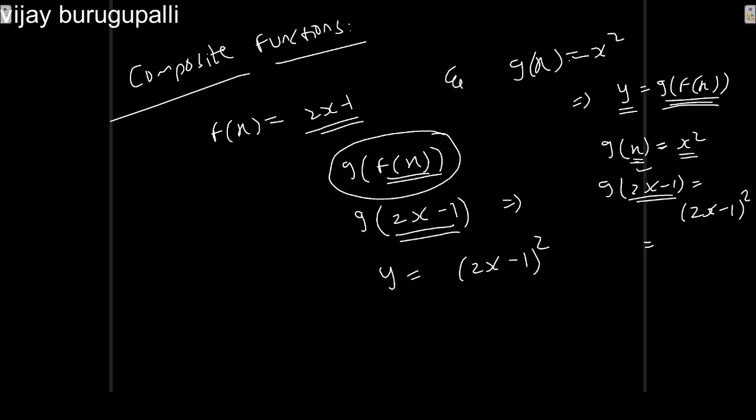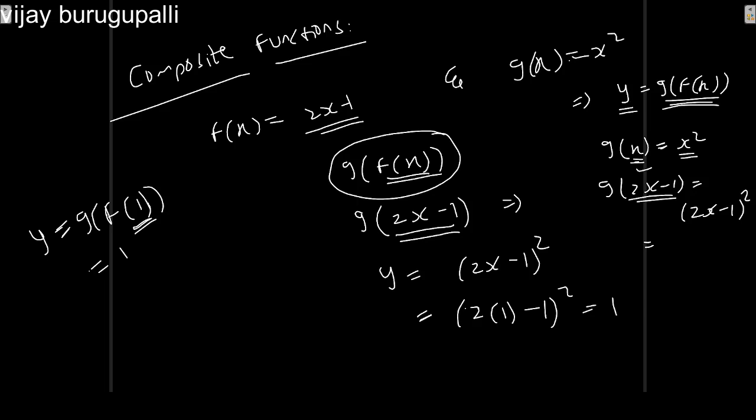Suppose y is equal to g of f of 1. That means you need to replace the value of x here with 1. That means 2 times 1 minus 1 whole square, which is nothing but 1. That means if x is equal to 1, then the value of y will also be 1.